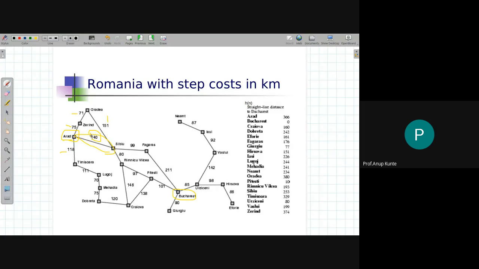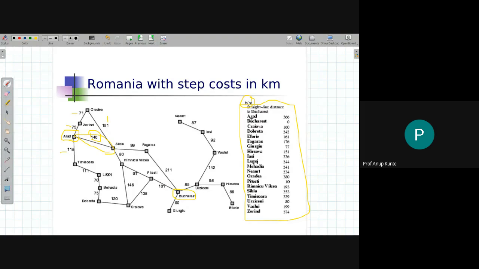This particular column over here is actually the h of n function. What is the h of n function? The estimation of reaching Bucharest from that particular city.